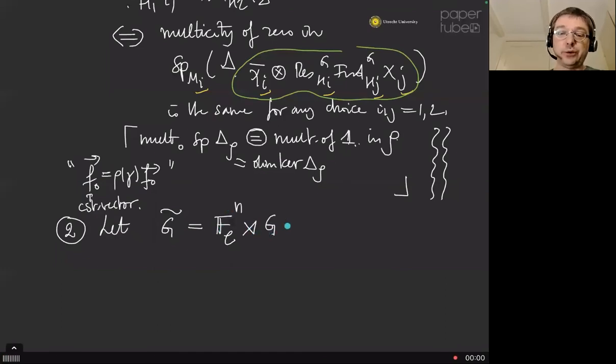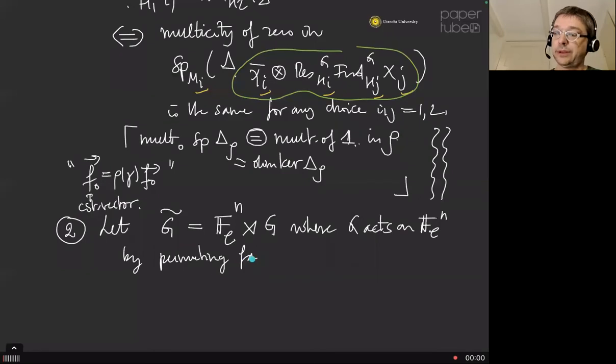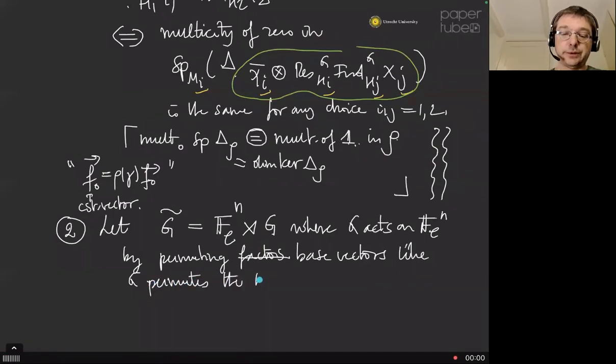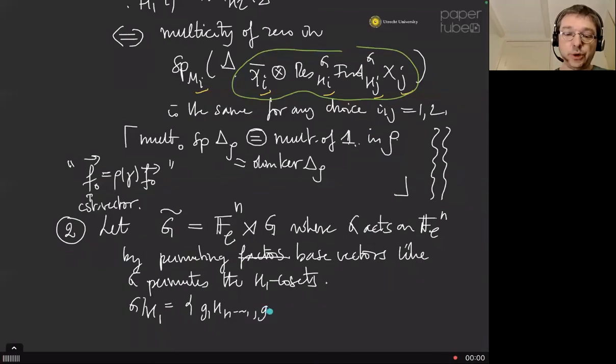Now I have to tell you how G acts on this. It does so by permuting base factors, like G permutes the H1 cosets. This is a long sentence to parse, so let's write this down. If you have the H1 cosets, let's say g_1 H1 up to g_M H1.